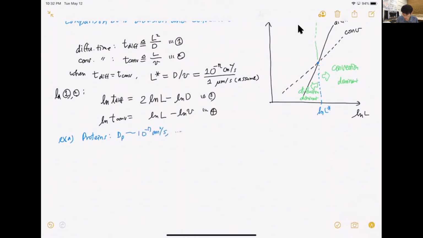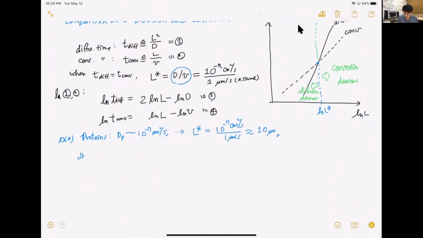Then we can compute L star, putting the velocity at 1 micron per second: 10 to the minus 7 centimeter squared per second divided by 1 micrometer per second turns out to be about 10 micrometer. That's a good number to consider.